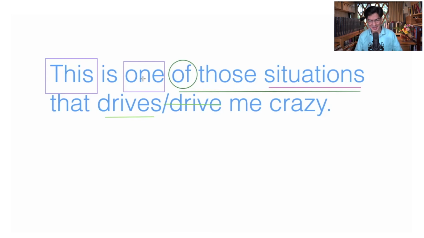This may start to seem a little bit confusing. So let me back up and say, the key in a situation like this is to be absolutely sure that you know what noun your verb is corresponding with. In this case, the noun is one, which is singular, so you use the singular form of the verb, drives, one drives.